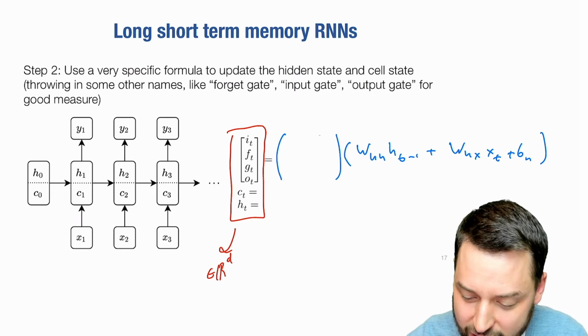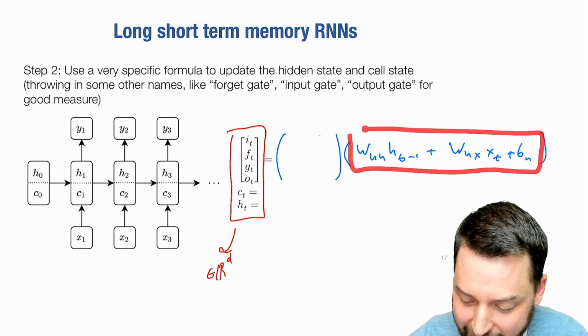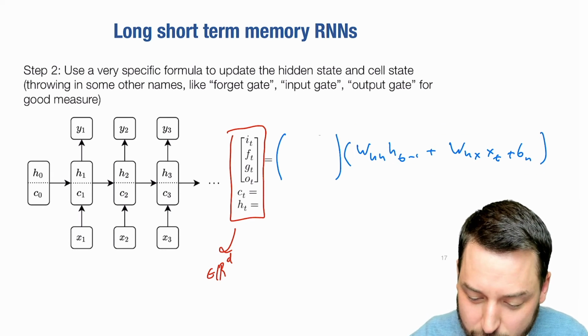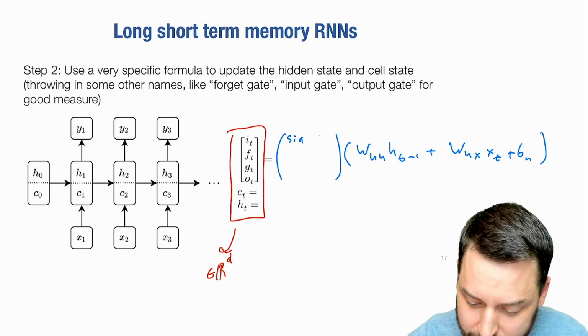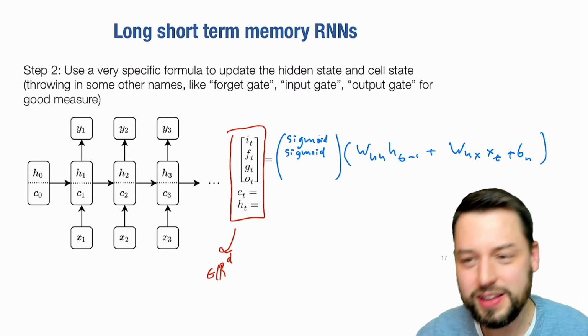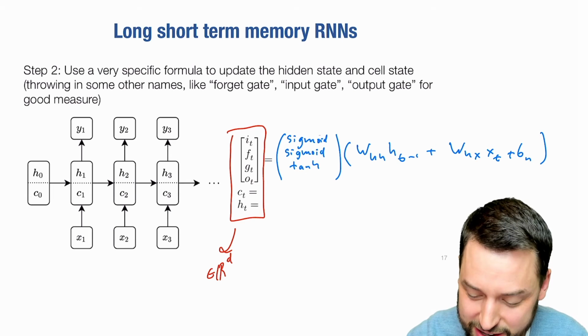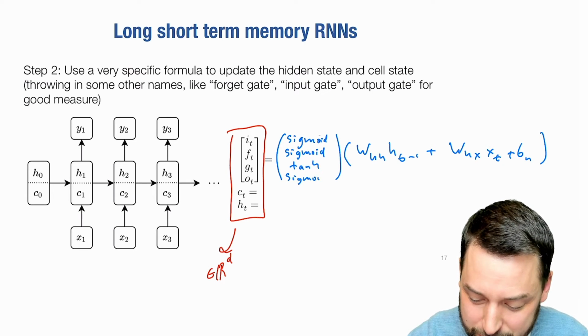To get the i term here, we'll take this whole term and apply a sigmoid. The next one will also use a sigmoid. g_t will be different. It's special, it will use a tanh. And the next one uses a sigmoid.